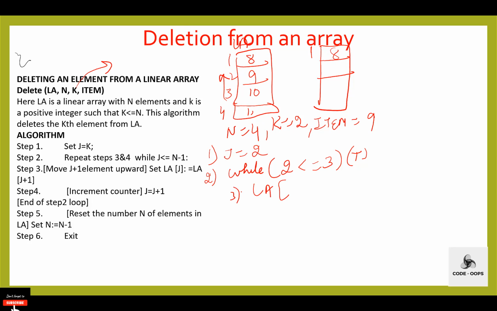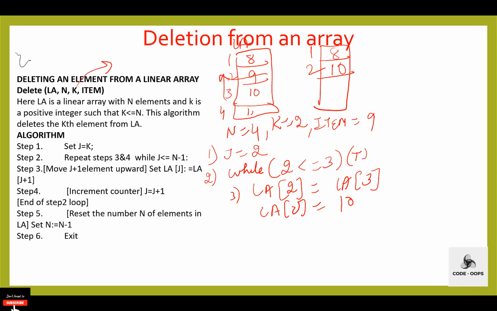J is 2. LA of 2 is equal to LA of 2 plus 1, that is 3. LA of 2 is equal to 10. The element at the third index is shifted to the second index.